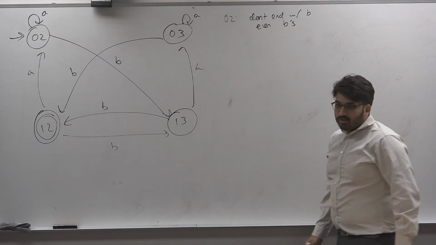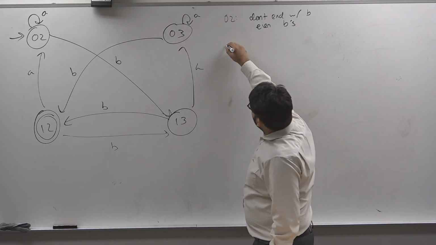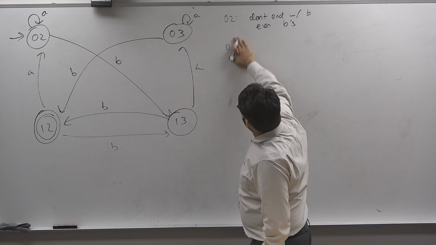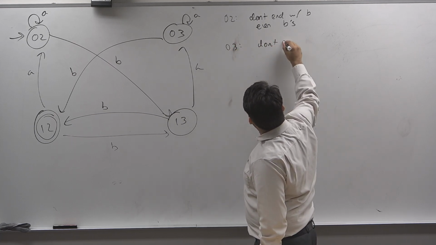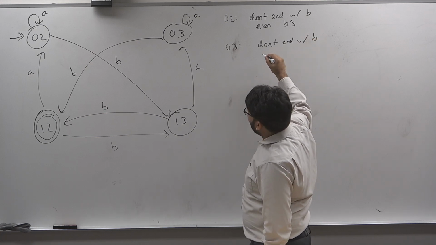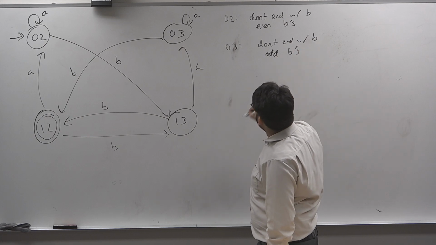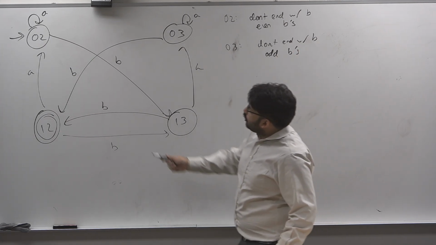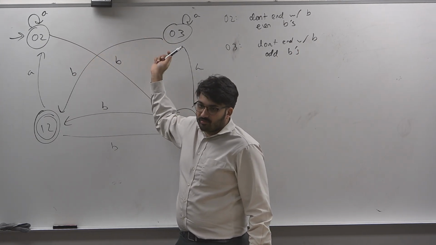So if a string ends in that state, that's the meaning, quote unquote, of that state. Similarly, if you're in state 0, 3, you don't end with a B, but you have an odd number of B's.